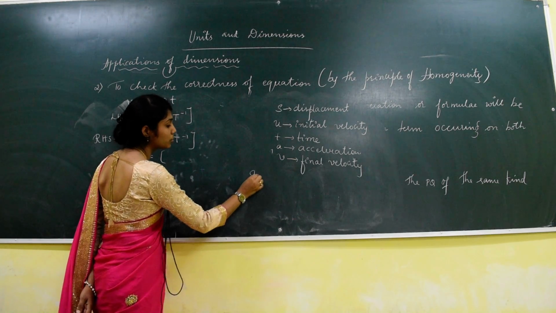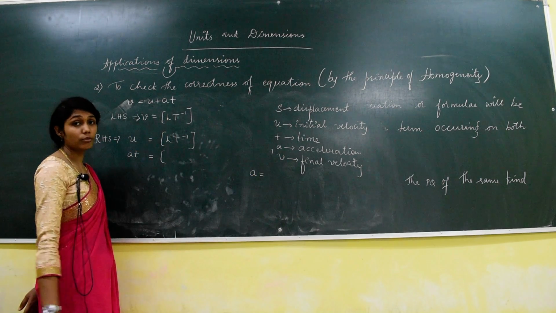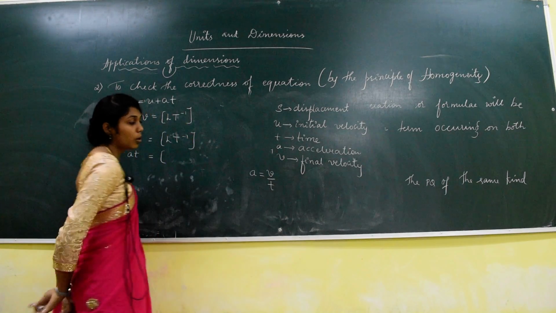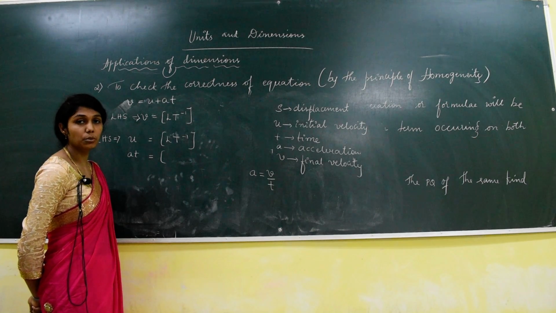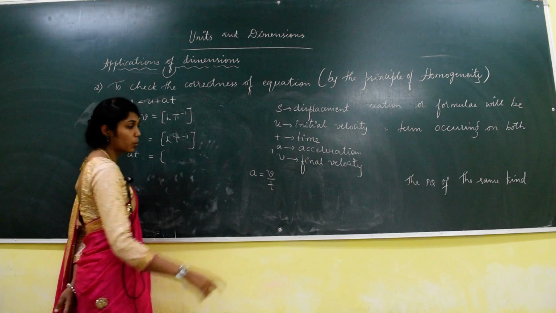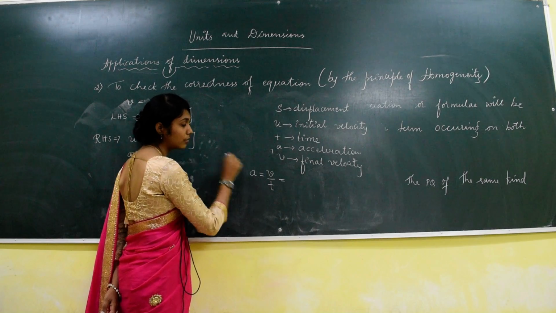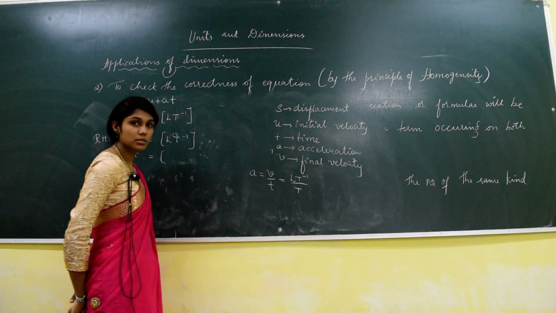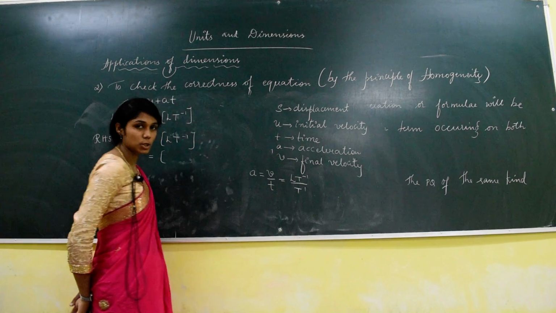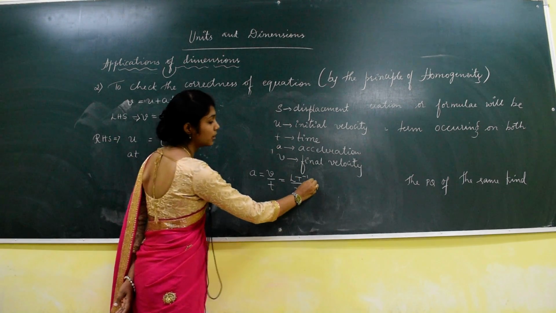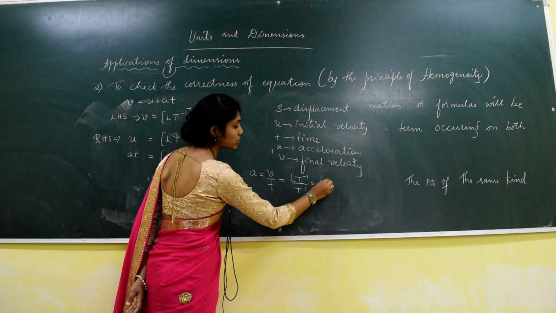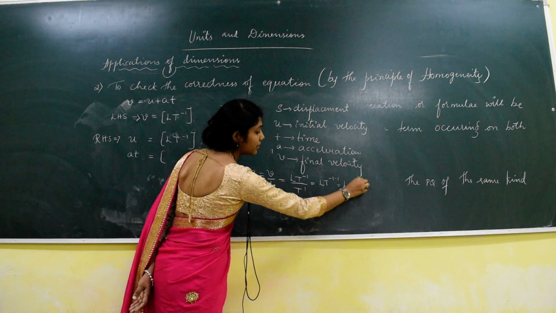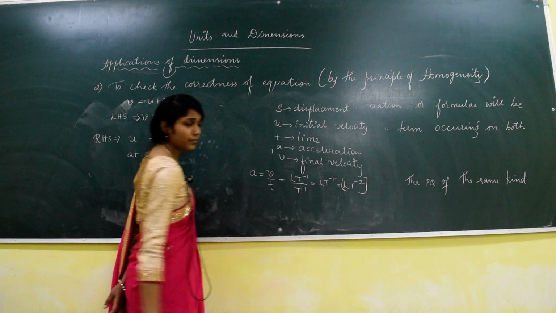If you don't know how to write it directly, you just have to write the formula of acceleration first. A is equals to V divided by time. So V by T, what is the dimensional formula for velocity? LT minus 1, and for time it is T. So T raised to plus 1. If T goes to the numerator, it becomes T raised to minus 1. Therefore minus 1 minus 1, it will be LT minus 2.